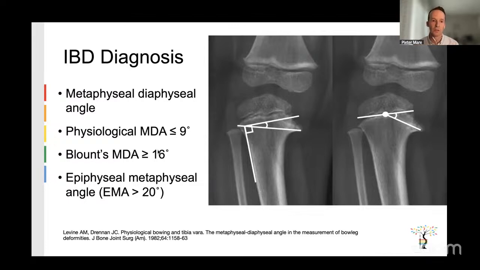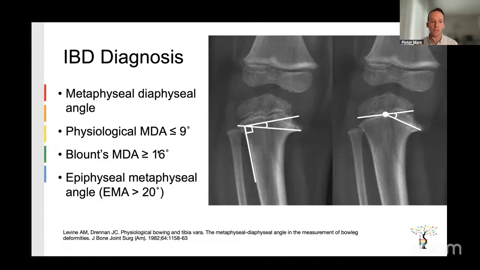But it was Schoenecker who refined the criteria for physiological bowing and Blount's disease, with the range being less than 9 degrees indicating physiological bowing and more than 16 degrees indicating Blount's disease. Between 9 and 16 degrees, there was an unacceptable false positive or false negative rate of greater than 5%.